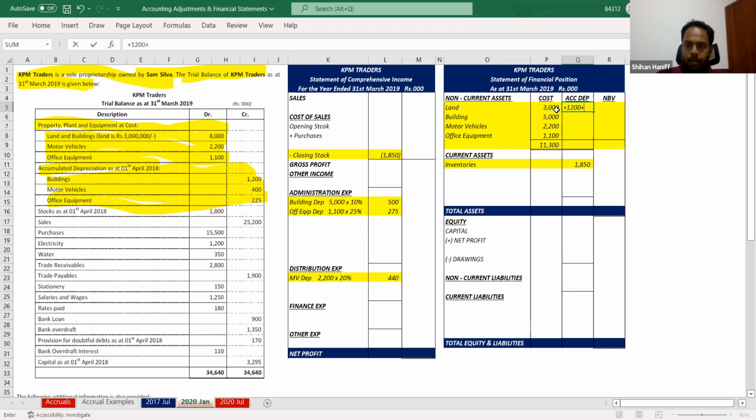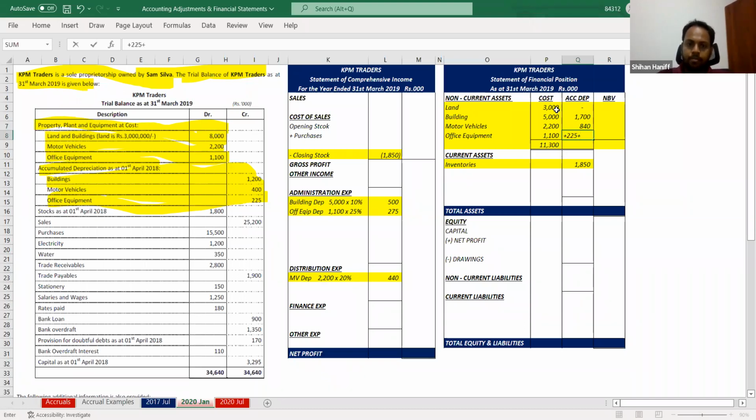For land and building, 1200 plus 500 is 1700. Motor vehicles 400 plus 440, total 840.